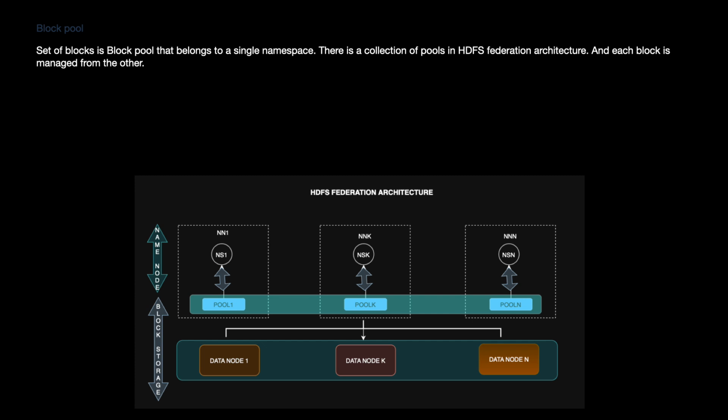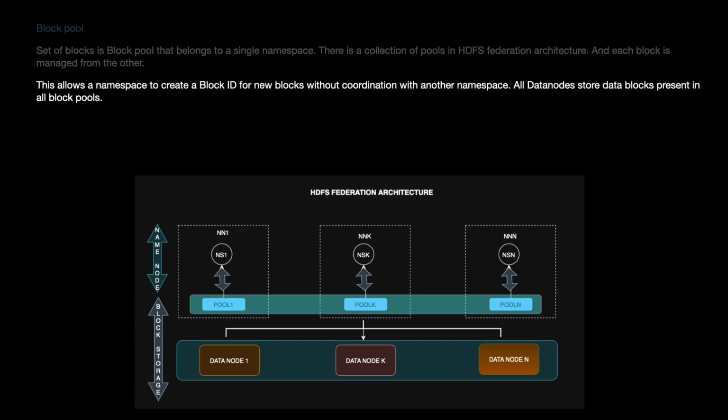There is a collection of pools in the HDFS Federation architecture, and each is managed independently. This allows a namespace to create block IDs for new blocks without coordination with another namespace. All data nodes also store data blocks present in all block pools. So that's about block pools in HDFS Federation.